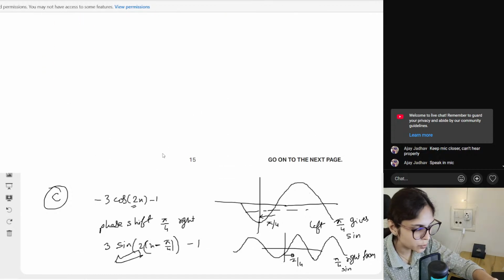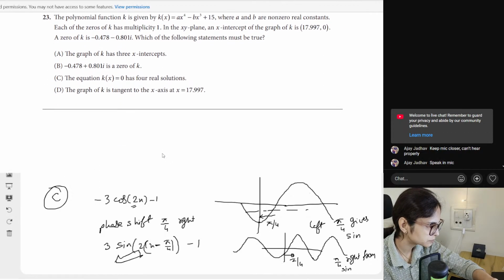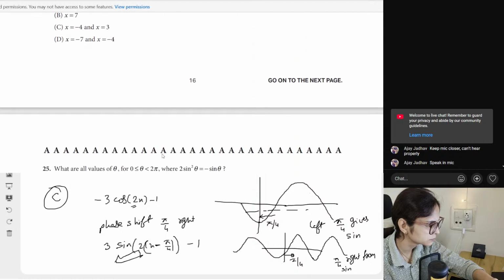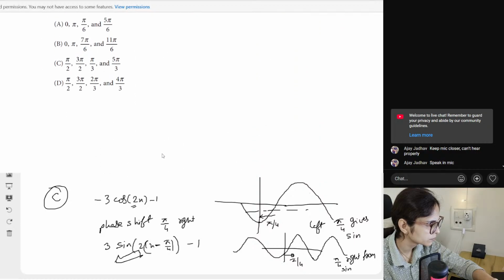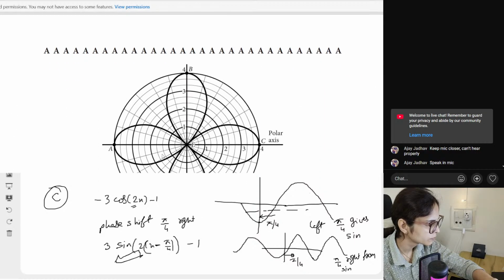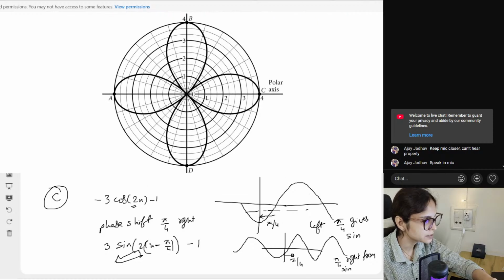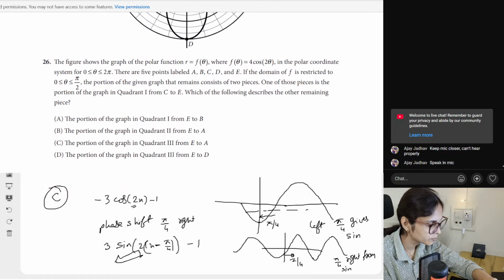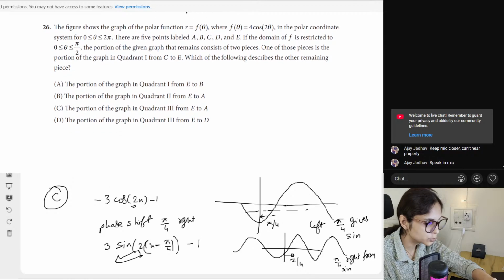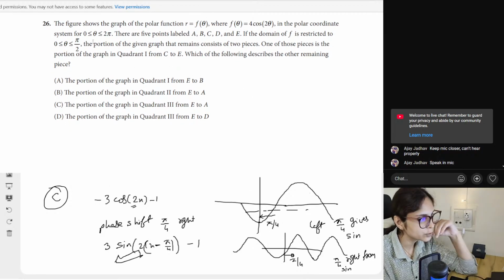And now the next question. Yeah, this one, 26th. So this is the polar graph, and the function is 4 times cosine 2 theta, and theta is going from 0 to 2 pi.